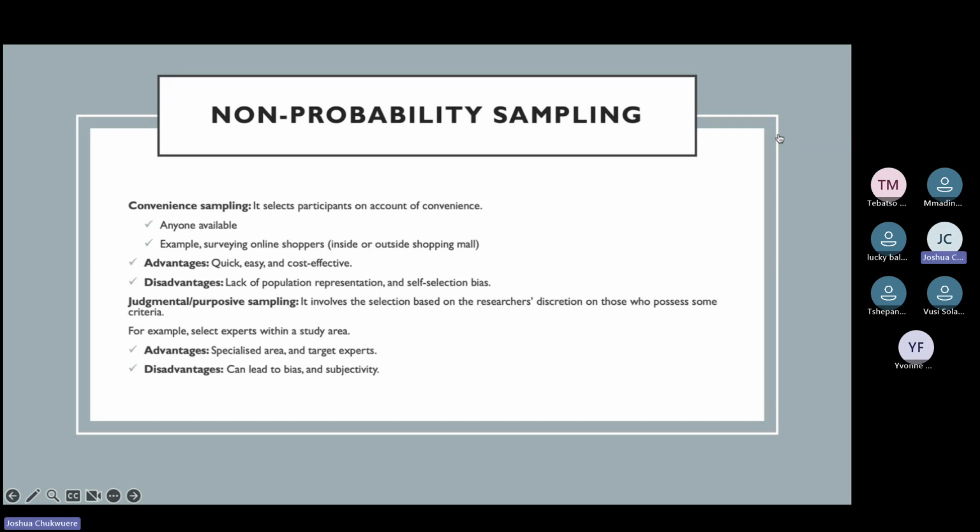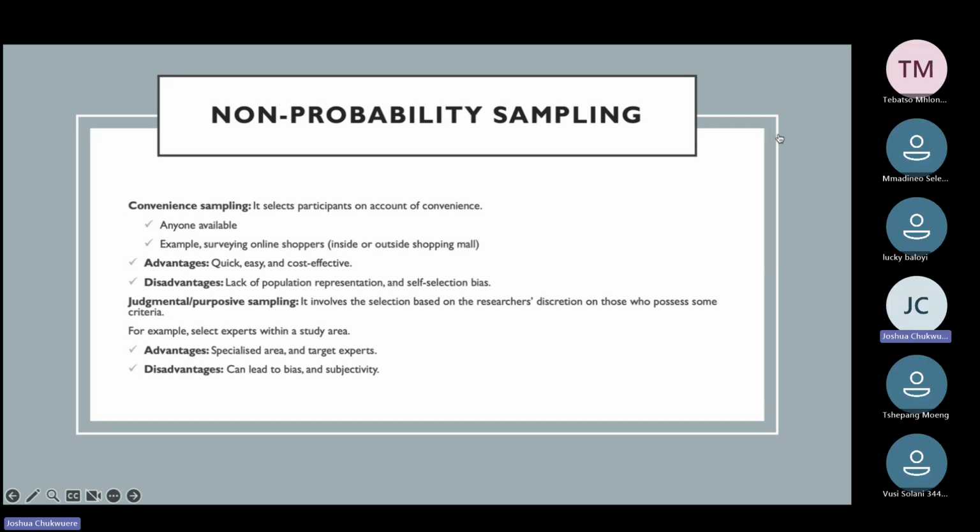And there is another one called judgmental or purposeful sampling. In this, being on purpose, it involves selection based on the researcher's discretion of those who possess the required criteria.